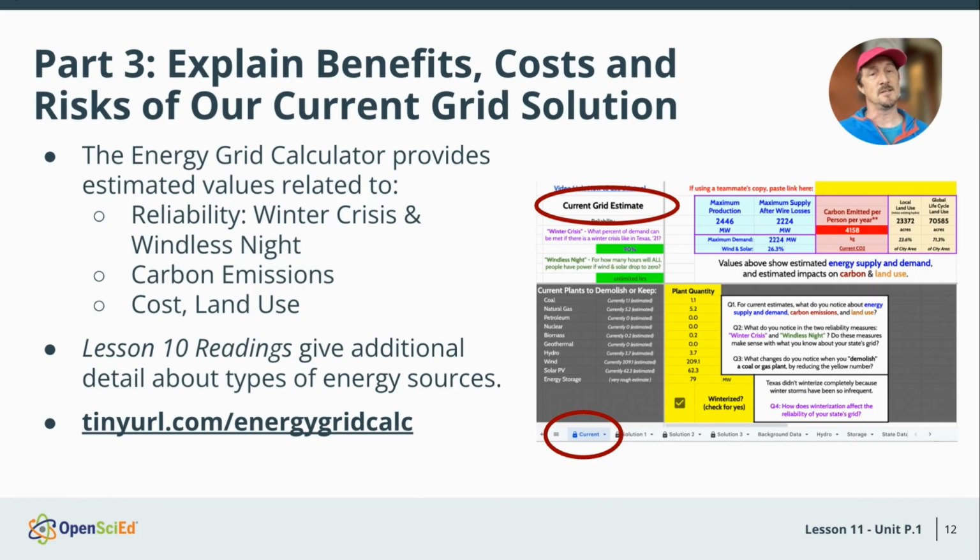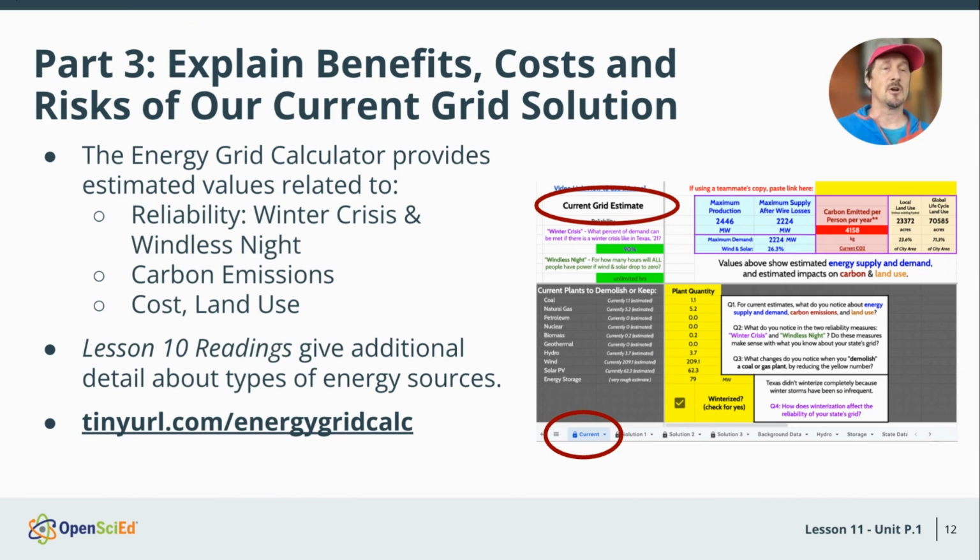First, winter crisis in purple is an estimate of what percentage of demand will be met if a crisis like the one that occurred in Texas occurs in our local region. Second, windless night in green tells us for how many hours people will have electricity if wind and solar drop to zero. We can also estimate carbon emissions and cost and land use.